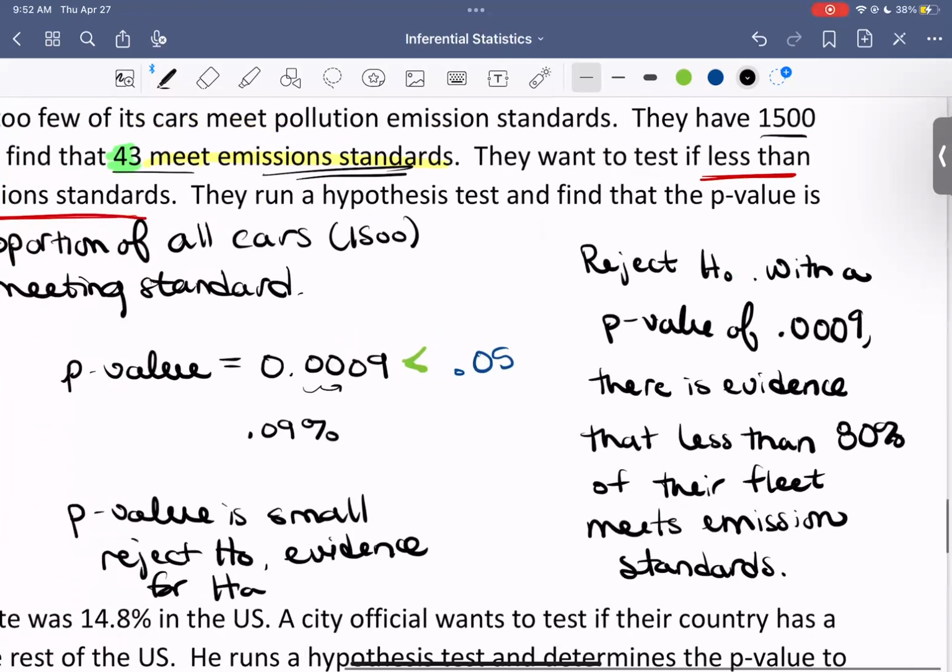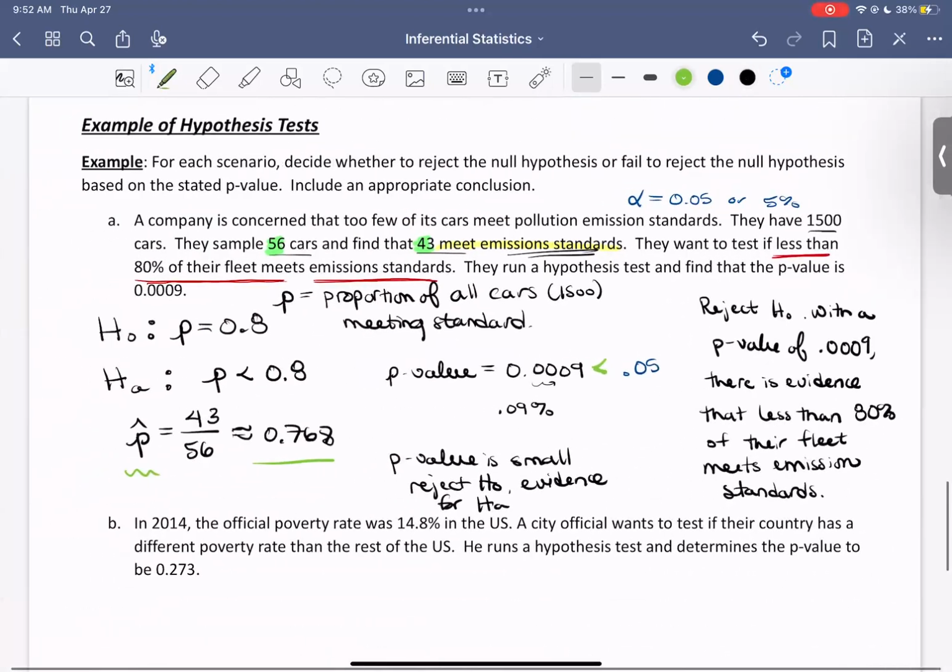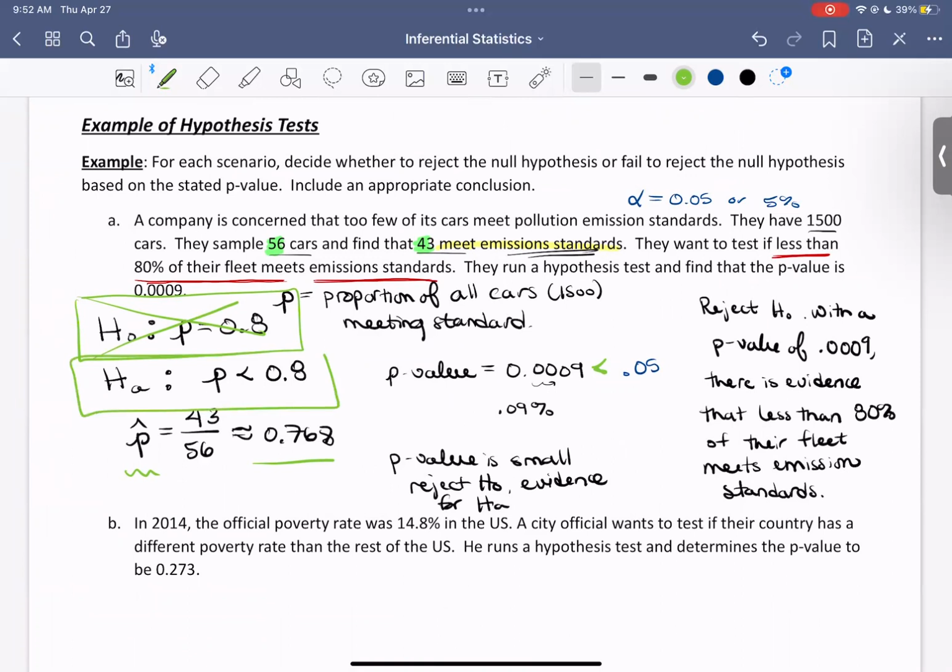All right, so there's our conclusion. And just to bring it home, we rejected our H0 in favor of evidence for our alternative.